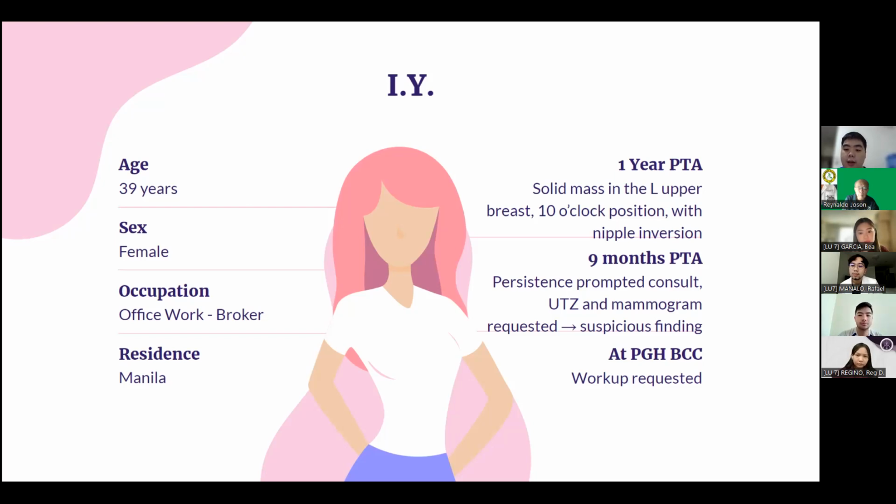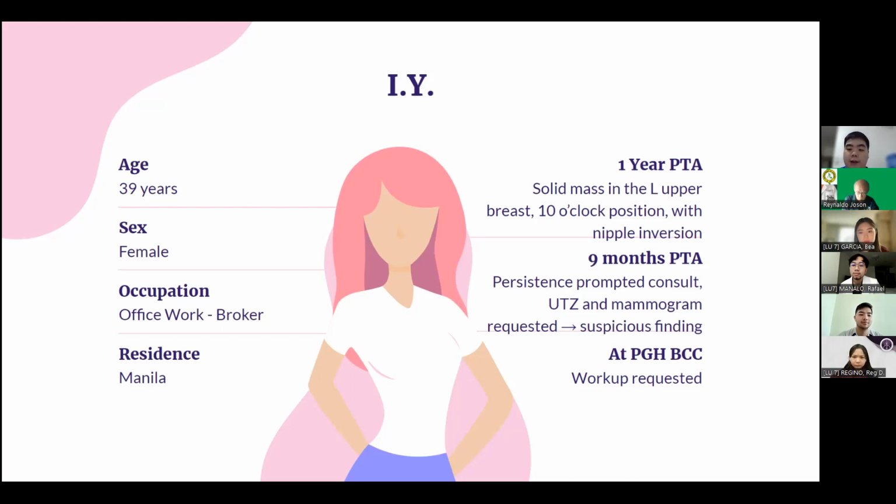Then 3 months after, around 9 months prior to this admission, the persistence of the mass prompted a consult at her local hospital, where they ordered an ultrasound and a mammogram, which had suspicious findings, a BI-RADS 5 finding in the ultrasound, which prompted the local hospital to refer her to a higher institution, which at that point was PGH.